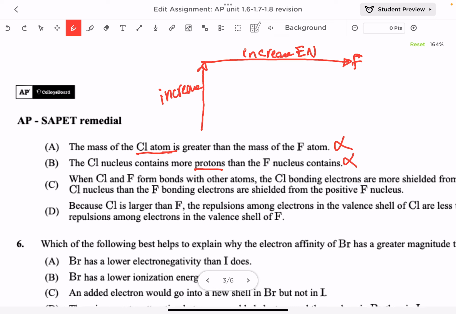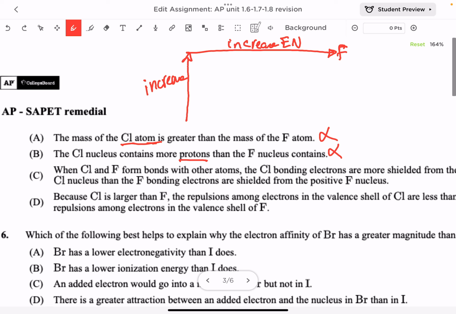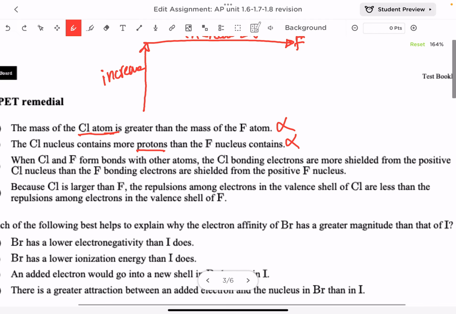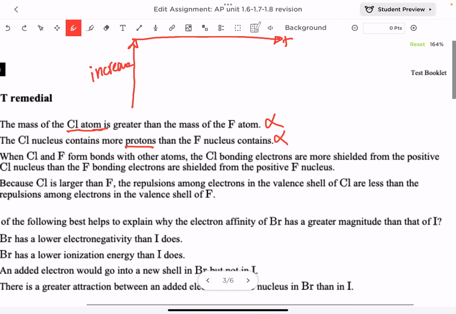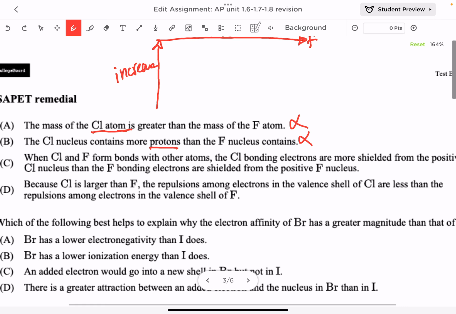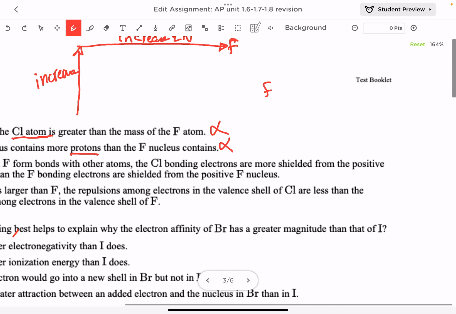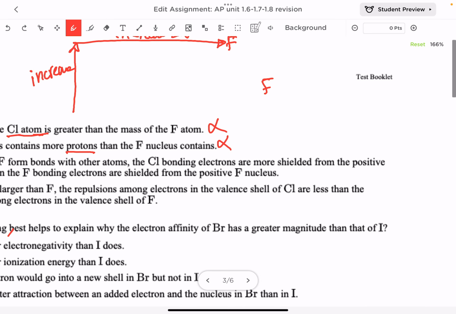When Cl and F form bonds with other atoms, the Cl bonding electrons are more shielded from the positive Cl nucleus than the F bonding electrons are shielded from the positive F nucleus. That is exactly correct, because F has two inner electrons doing the shielding effect, whereas Cl has 10 inner electrons.